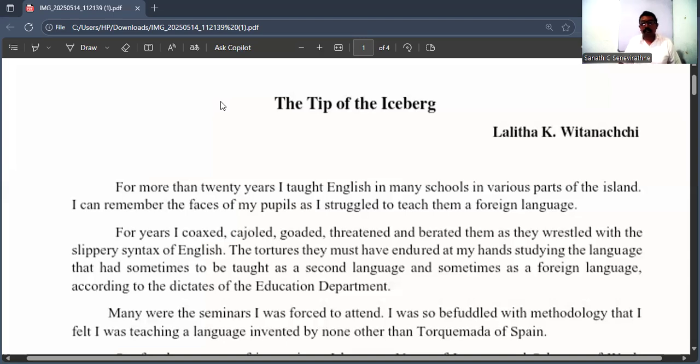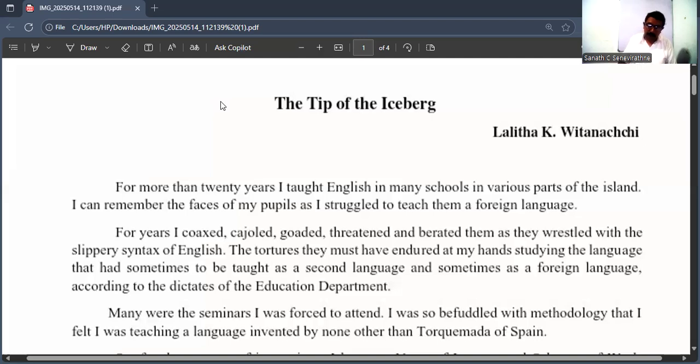That is why she had to coax, cajole, goad, threaten. After that, she wrestled with the slippery syntax of English.